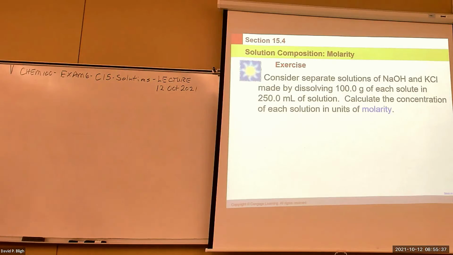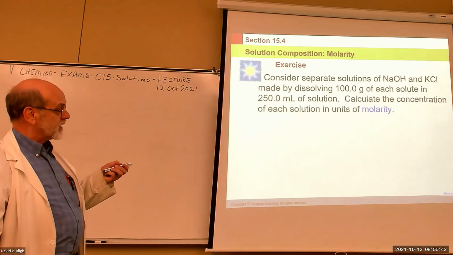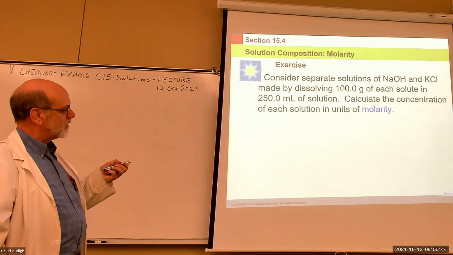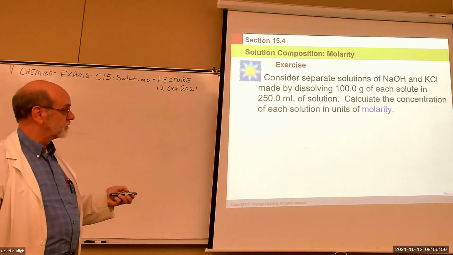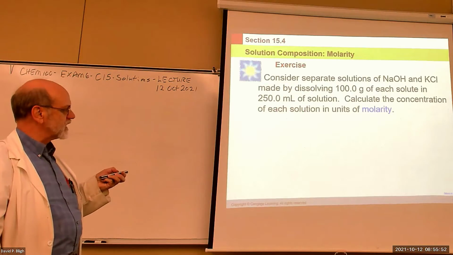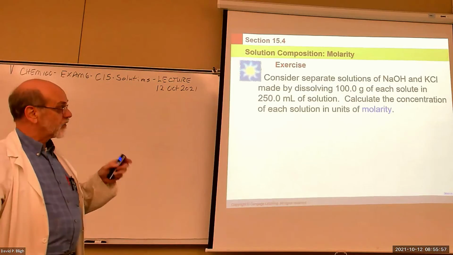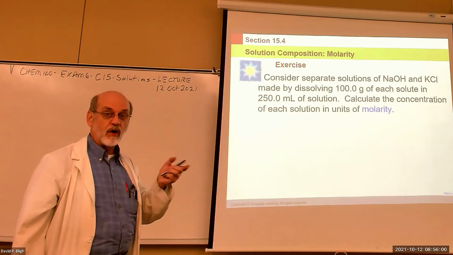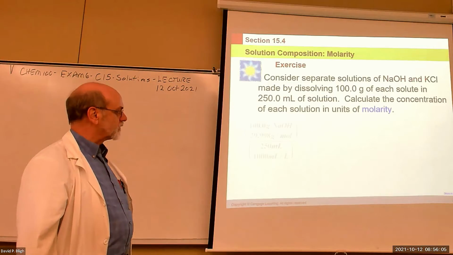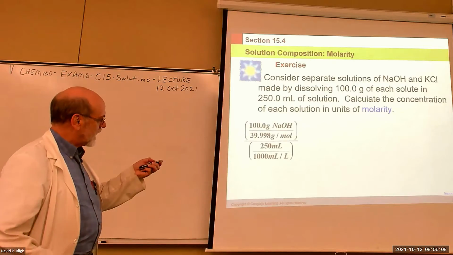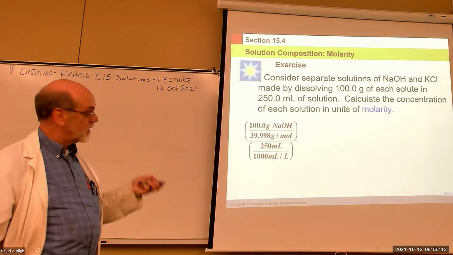How about this one? You have separate solutions of sodium hydroxide and potassium chloride, and you dissolve 100 grams each in 250 milliliters of solution. What's the concentration of each in molarity? So for this one, you've got 100 grams of each, but you don't have the same number of moles of each because they have different molar masses. So we have to calculate how many moles of sodium hydroxide per liter of volume.